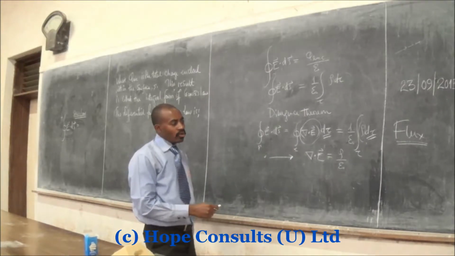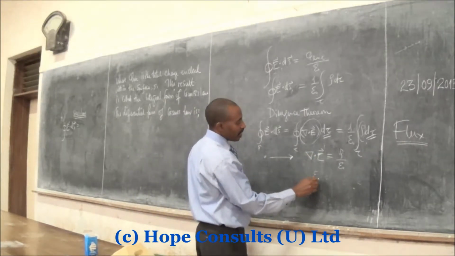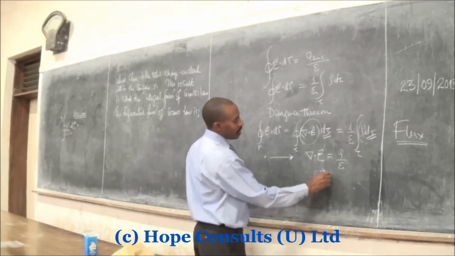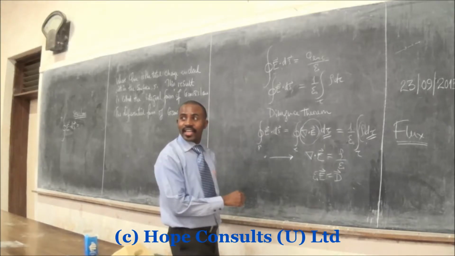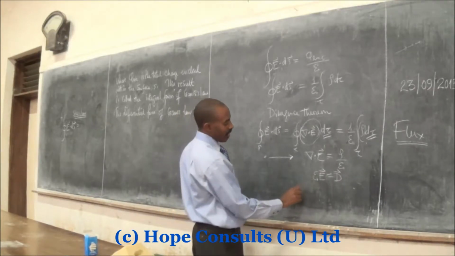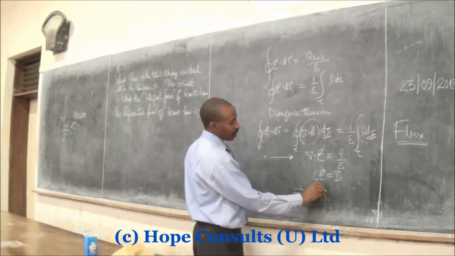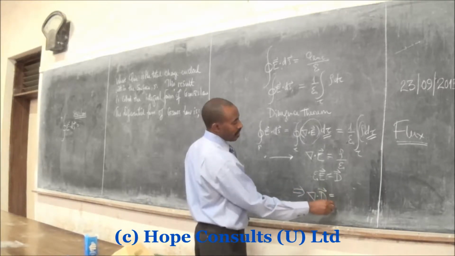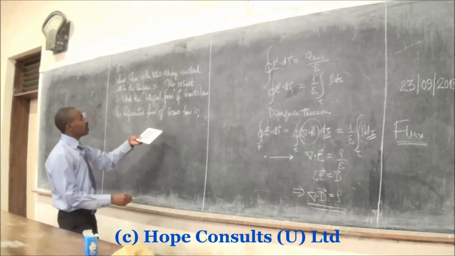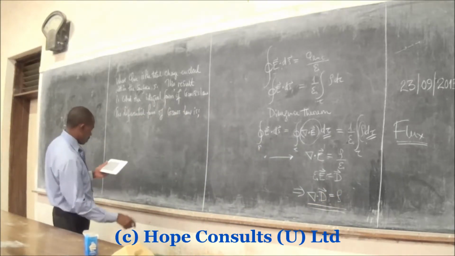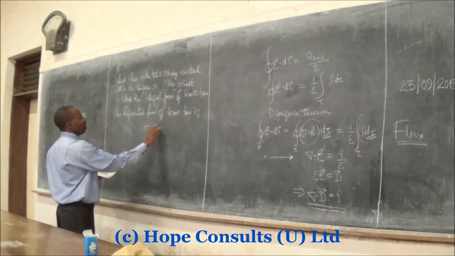But we also know that epsilon naught E is the same as the electric displacement vector D, such that we can now say that the divergence of D is the same as rho.